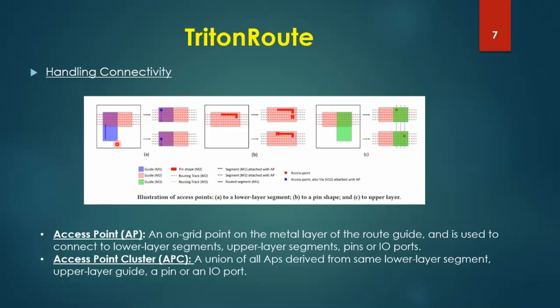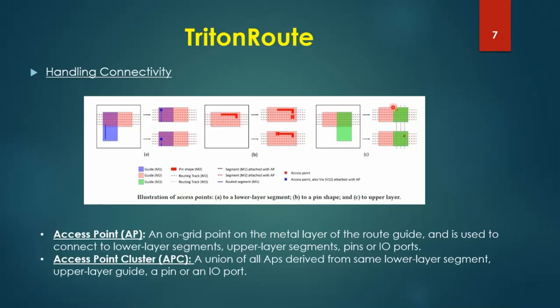So first you need to decide how the connectivity happens between metal 1 and metal 2, then you need to decide how the connectivity happens between metal 2 and metal 3. Basically you are connecting two APCs, two access point clusters, to each other, and the goal of MILP is to find the optimal solution to connect these two APCs.